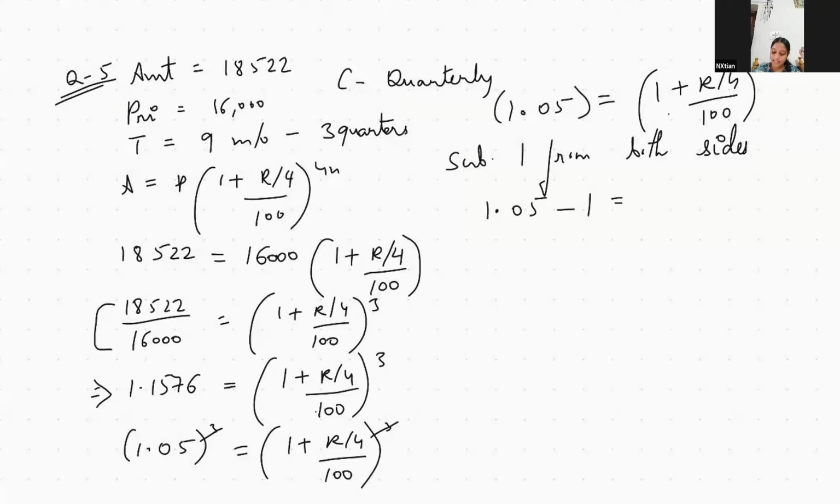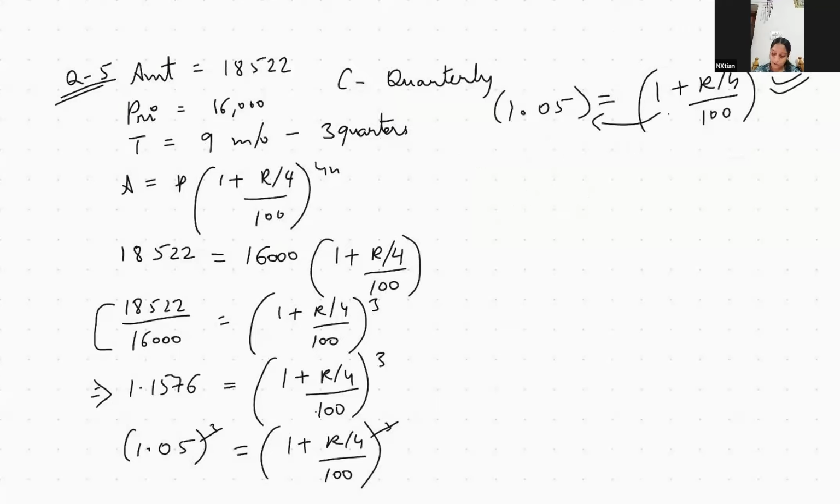Plus 1 and minus 1 will cancel, and you'll be left with R by 4 by 100. Or if you bring this plus 1 on this side as minus 1, then also you'll be left with R by 4 by 100. Those are just two different methods, but you will get the same thing.